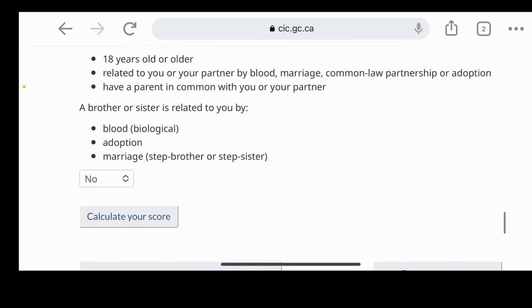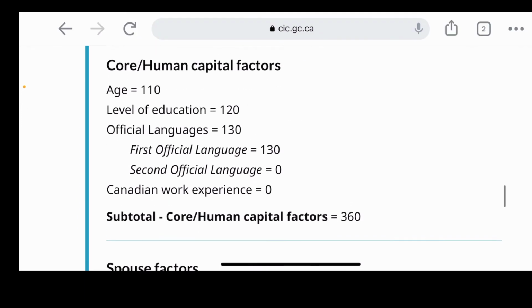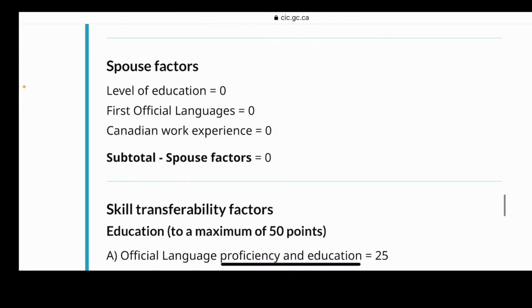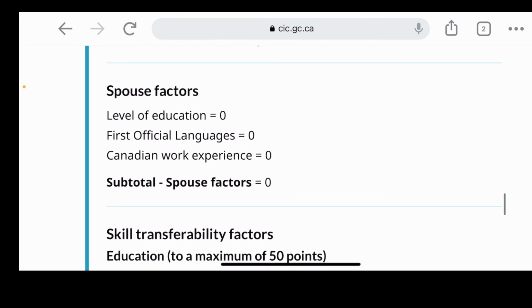Now let us see what score the calculator is going to generate for Tola. The calculator, based on all the questions that we answered earlier, has grouped them into different categories: human capital factors, spouse factors. You can see spouse factors here is 0 because Tola is single.